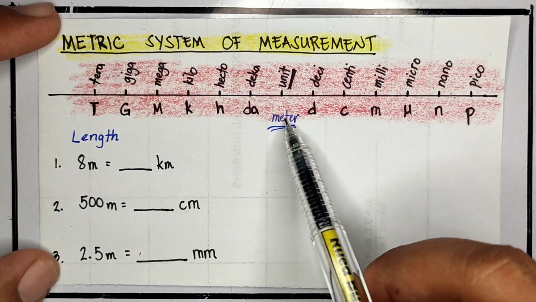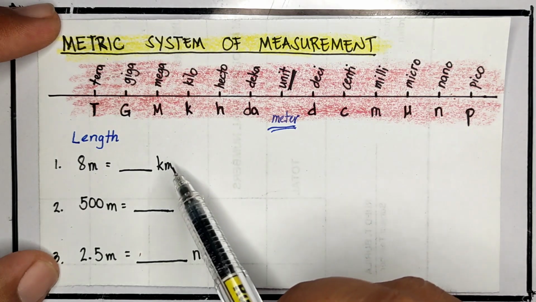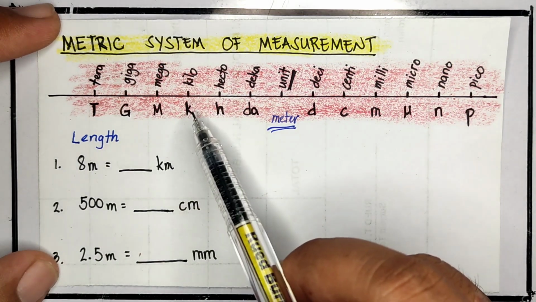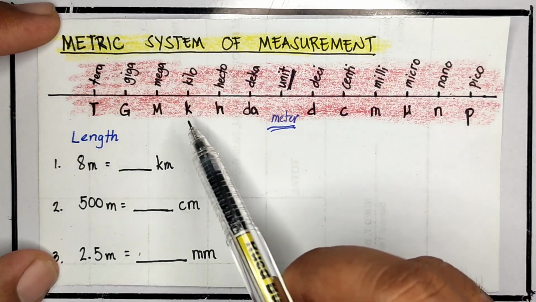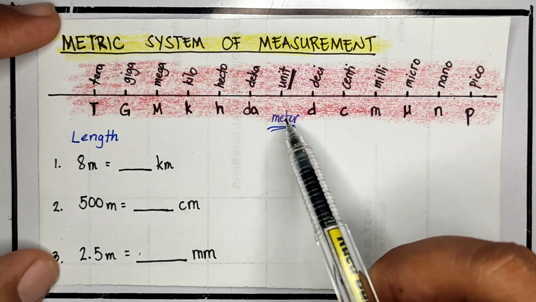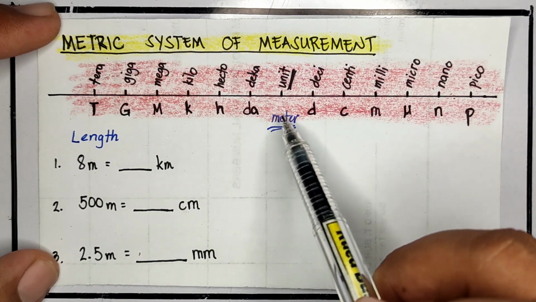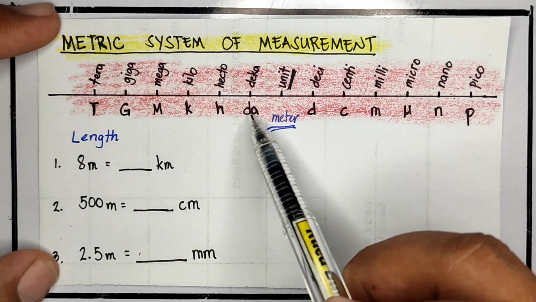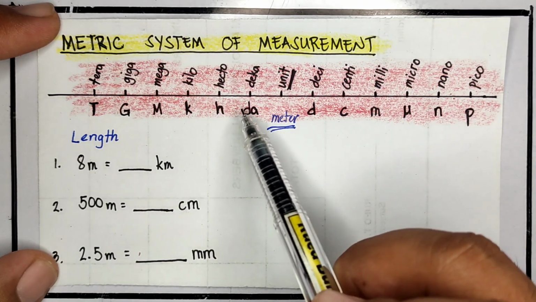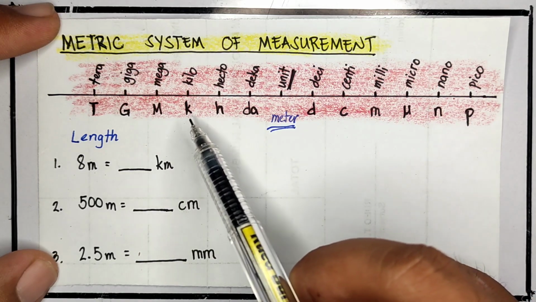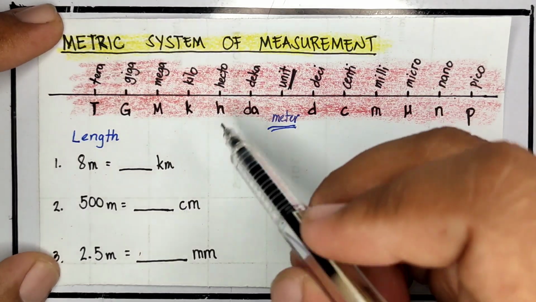Simply, meters, then kilometers. From meters to kilometers, how many decimal places will we move? 1, 2, 3. Therefore, we will move the decimal place 3 times.